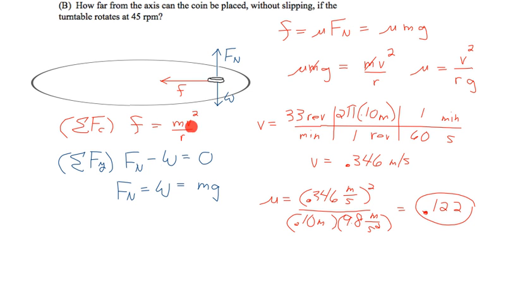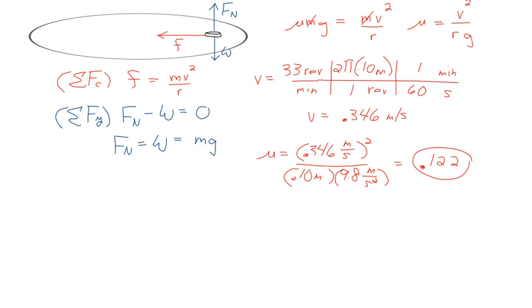So if I don't replace V with R omega, then I haven't really isolated R. So the only difference between part A and part B is that I'm going to change this formula to set it equal to mR omega squared. So my new equation, when I sum up my centripetal forces, is friction equals mR omega squared, because R is going to be the unknown.